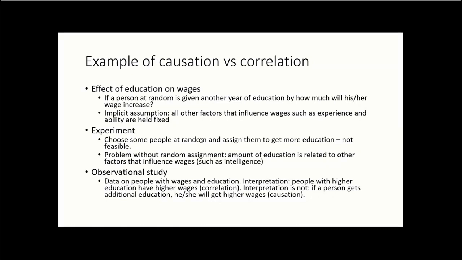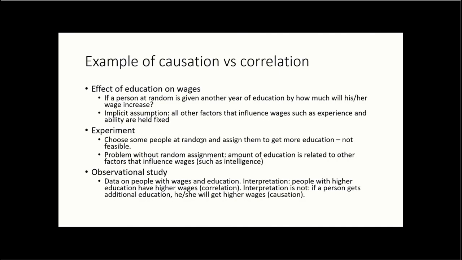Here is another example of correlation and how we cannot interpret it as causation. What is the effect of education on wages? We can be interested in the following study: if a person at random is given another year of education, by how much will his or her wage increase?